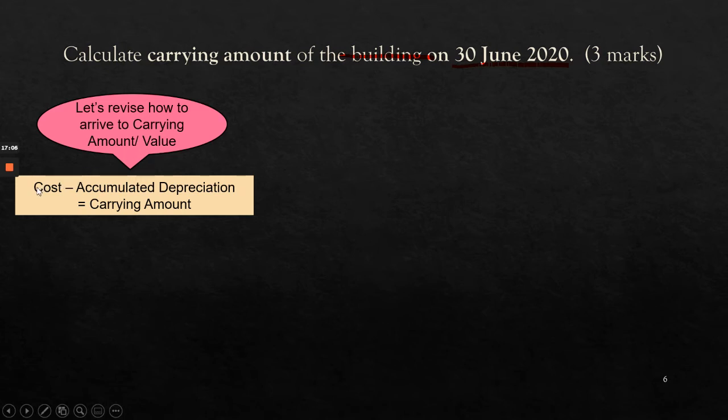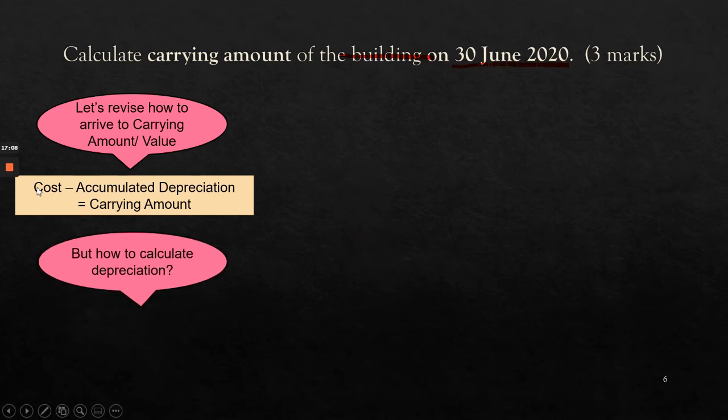How do we arrive at that? Cost minus accumulated depreciation. If you provide depreciation each year, that will give you an accumulated figure. That accumulated figure is what you call accumulated depreciation.